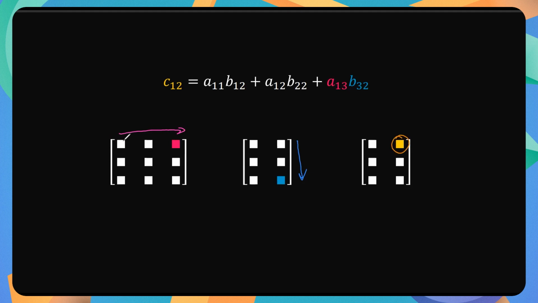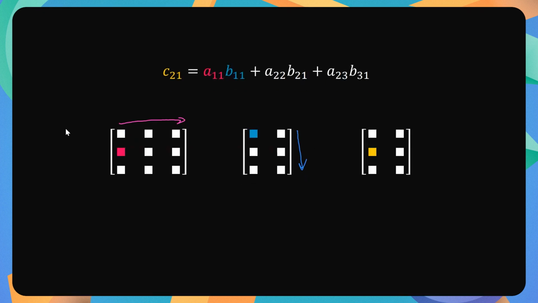So it's like multiplying it by here, and then you're multiplying it downwards. It's something like that, for you to be able to identify which element you're trying to get the value of in matrix multiplication.